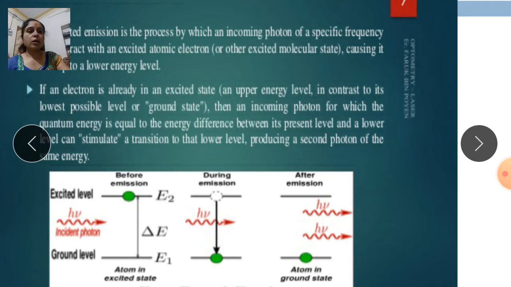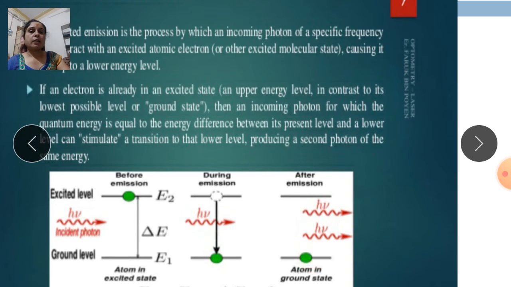In the third diagram, after stimulated emission, the number of photons radiating energy increases, and the atom goes to the ground state.